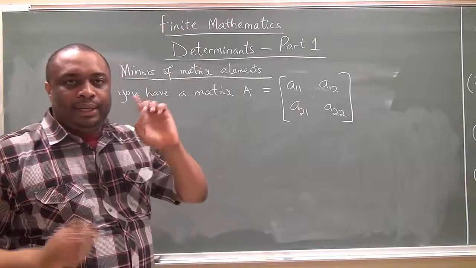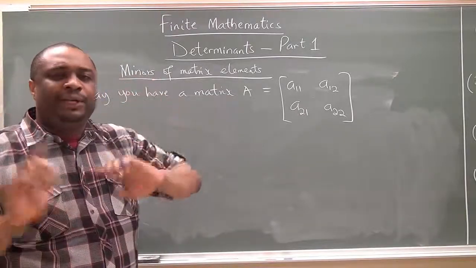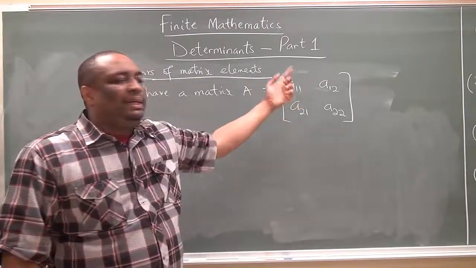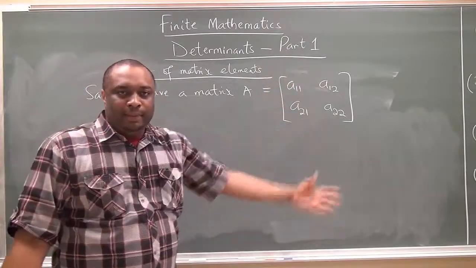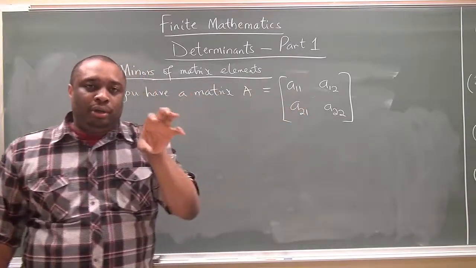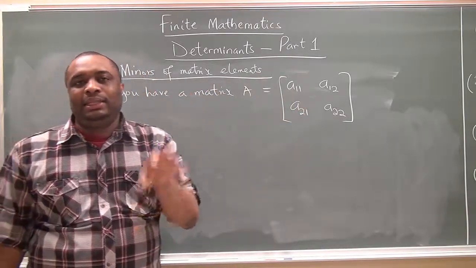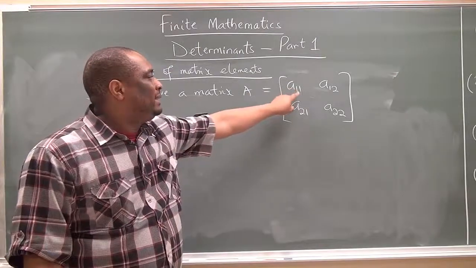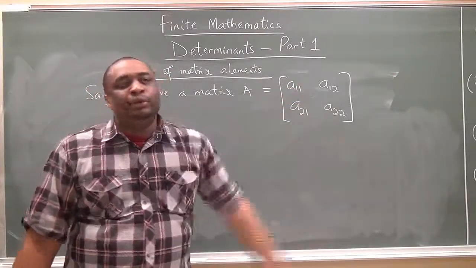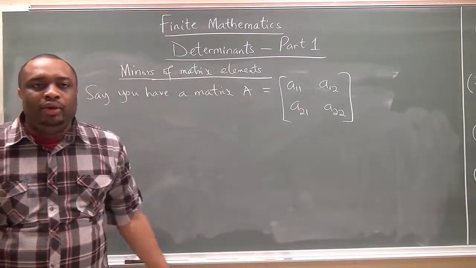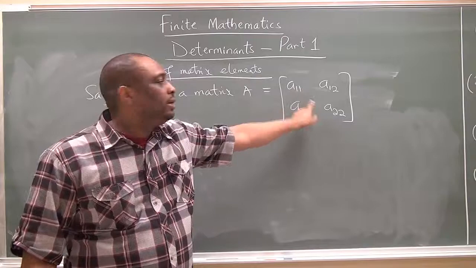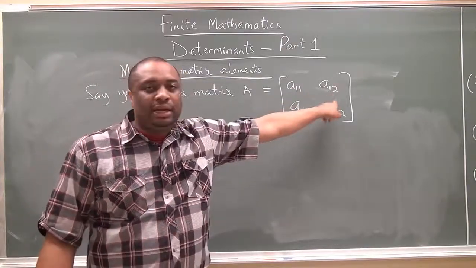Remember, in the first video on matrices, we said that the elements of a matrix are denoted by lowercase letters with subscripts, and these subscripts mean the position in the row and column, like the element in the first row, first column, or the first row, second column.